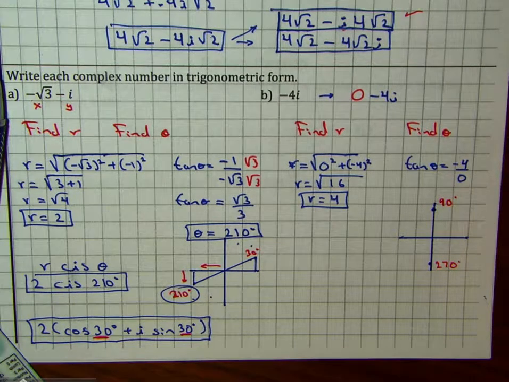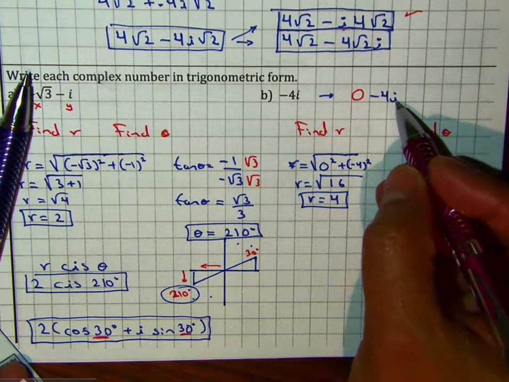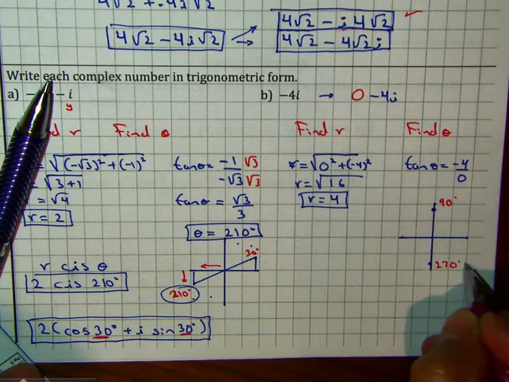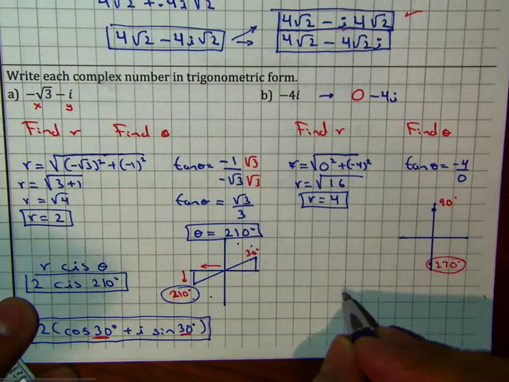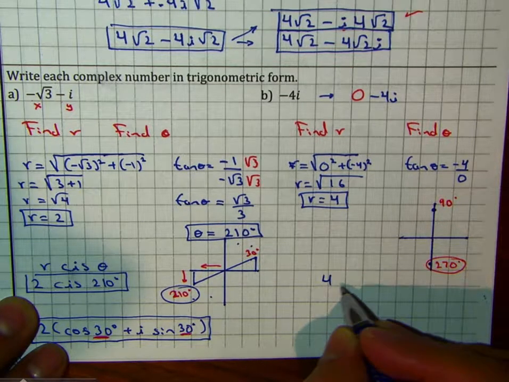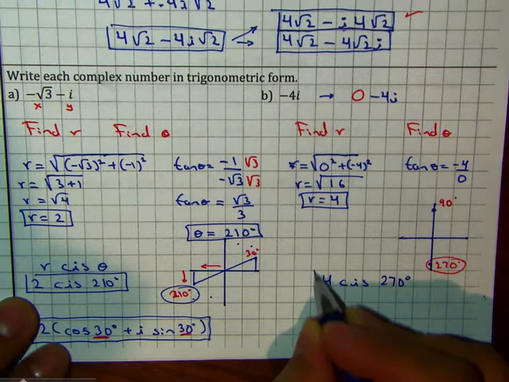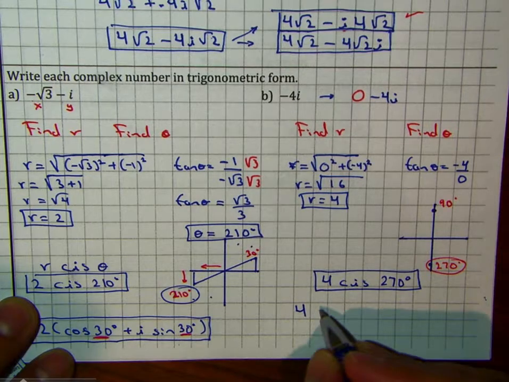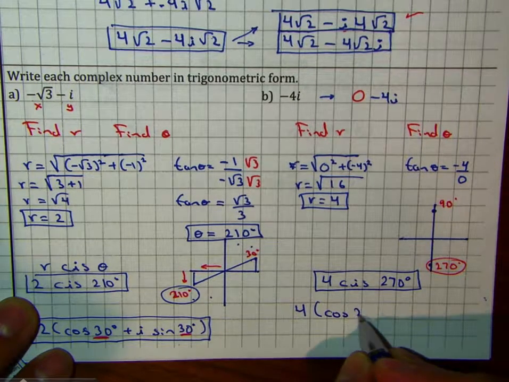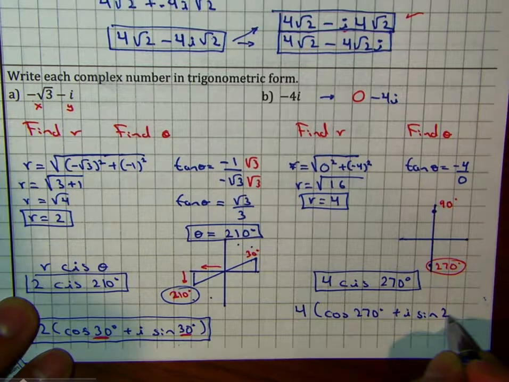So which one is it? 90 or 270? In this case, it's 0 and -4, so we stay there and then we go down, so that'll be 270 degrees. So I can rewrite it as 4 CIS of 270 degrees. This notation will be fine, or I can rewrite it into the longer notation, 4 cosine of 270 degrees plus I sine of 270 degrees.